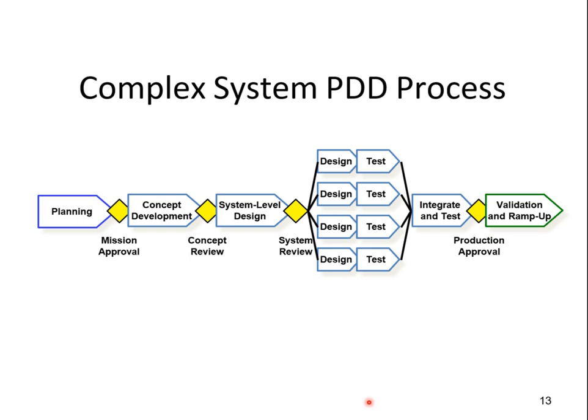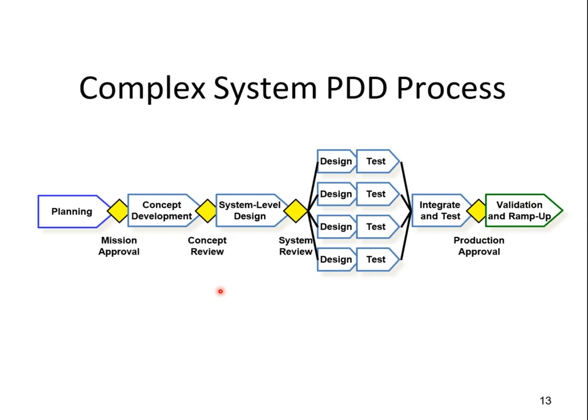Now we have the complex system PDD process. The same steps in the middle, the design and the test, are done for multiple products in parallel. This saves time, although sometimes it causes the cost to increase.